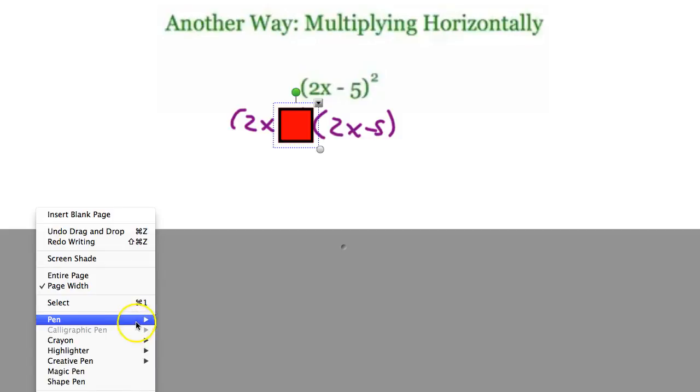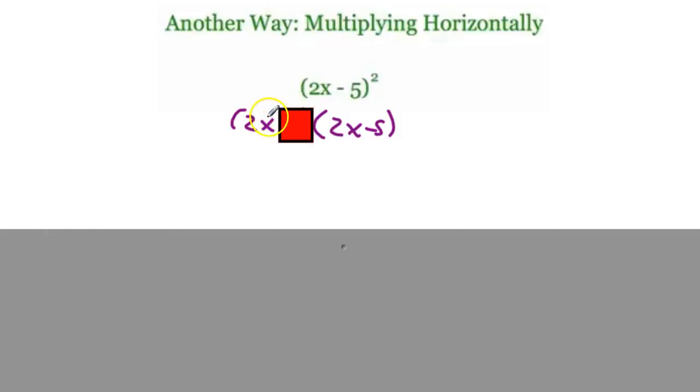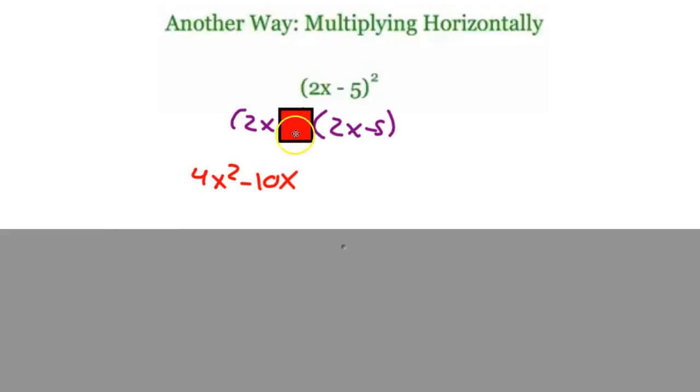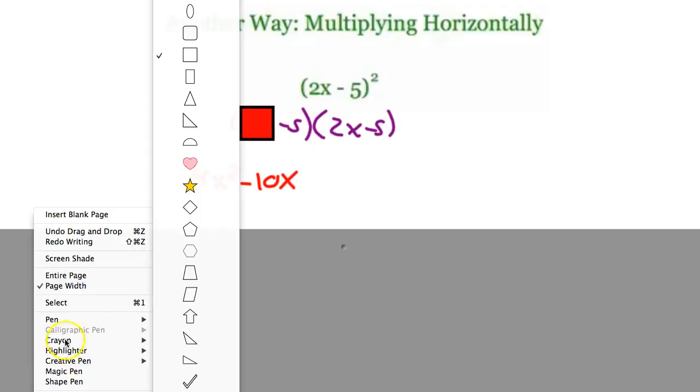So let me start with this 2x. I can do 2x times 2x. That becomes 4x squared. 2x times negative 5 becomes negative 10x. All right, that's the first part. Now if I cover up the 2x, the negative 5's first.